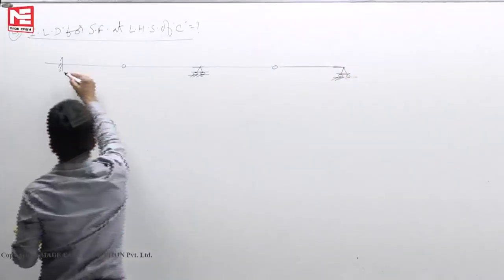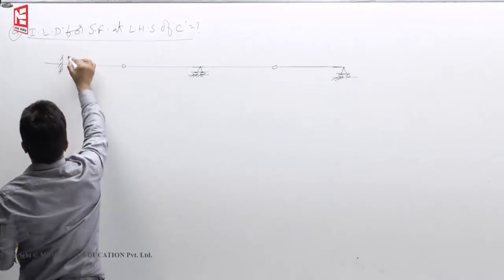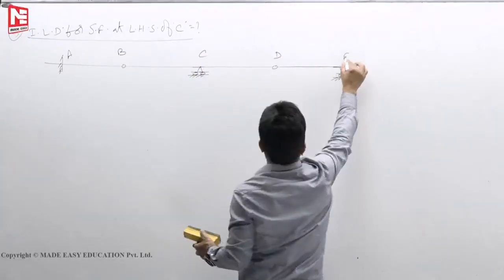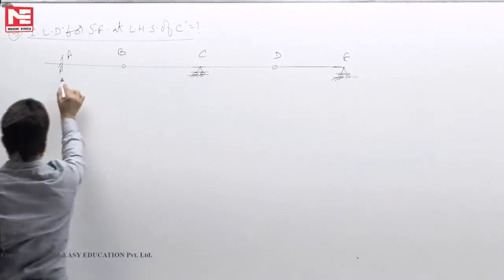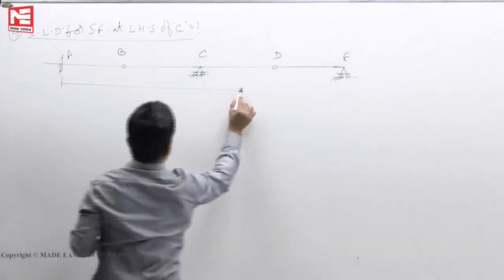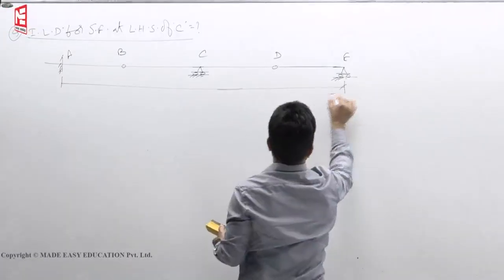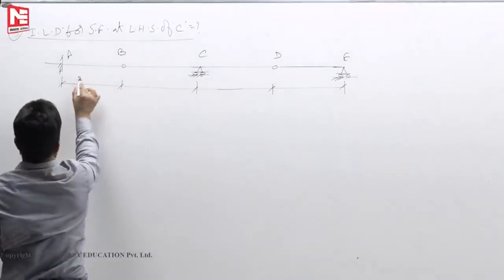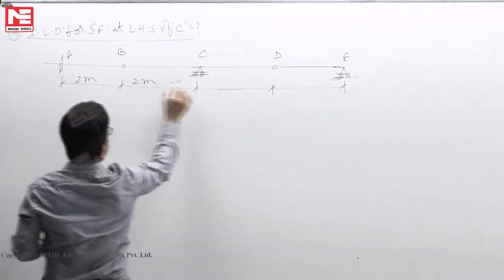Okay, this point fixed support A, B, C, D, E. Same distances. Two meters.